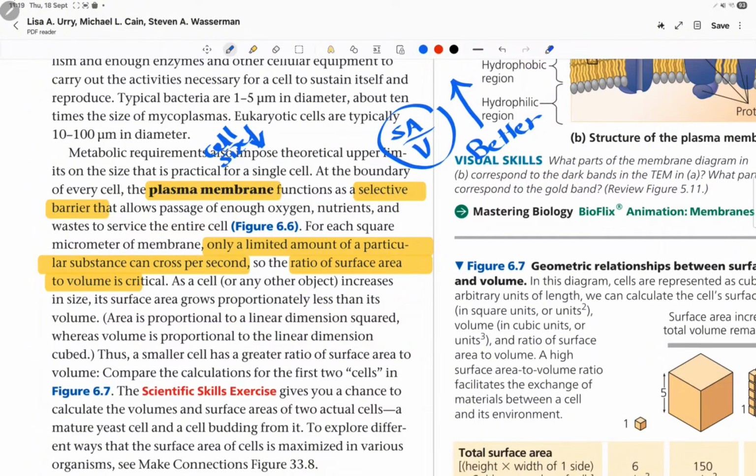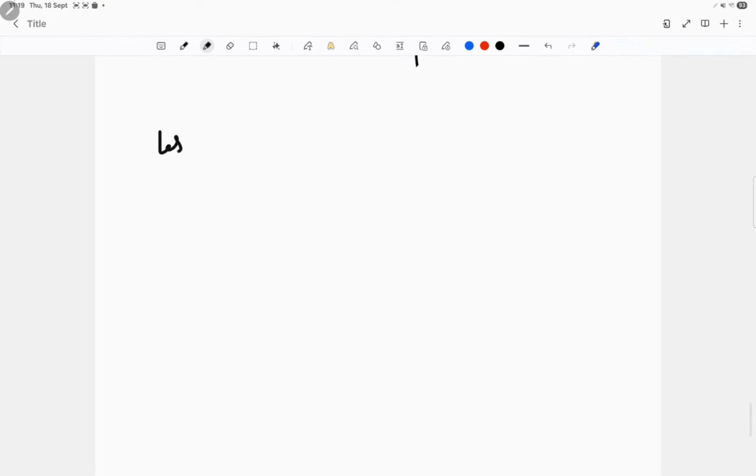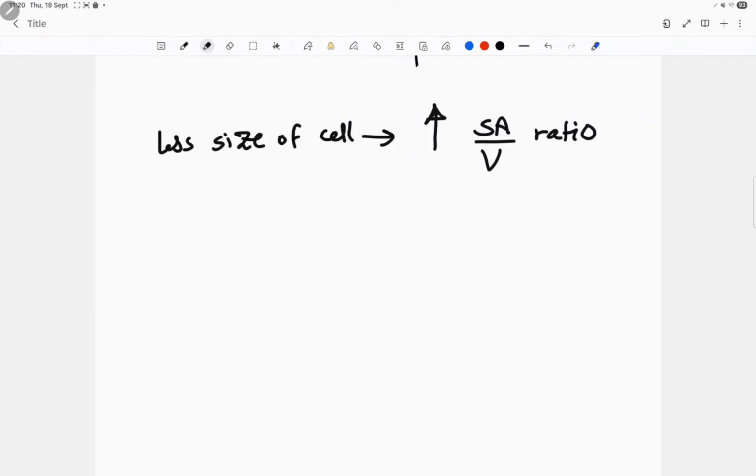So in biology, a smaller cell is better. That's why you guys have trillions of cells, because they tend to be small to make them better. Smaller cell, better. So, less size of the cell results in an increase of surface area to volume ratio. And that's going to be a good thing.